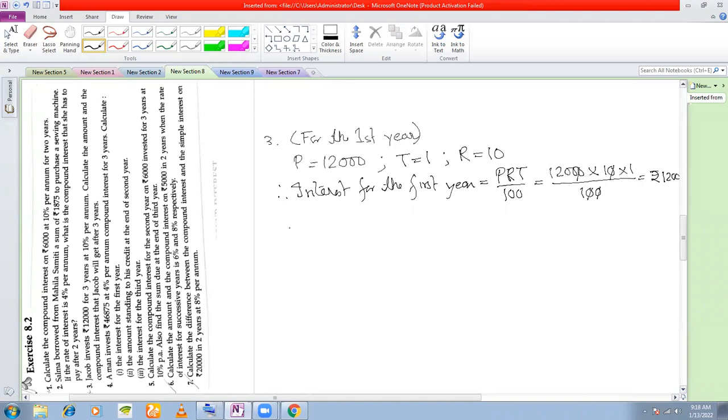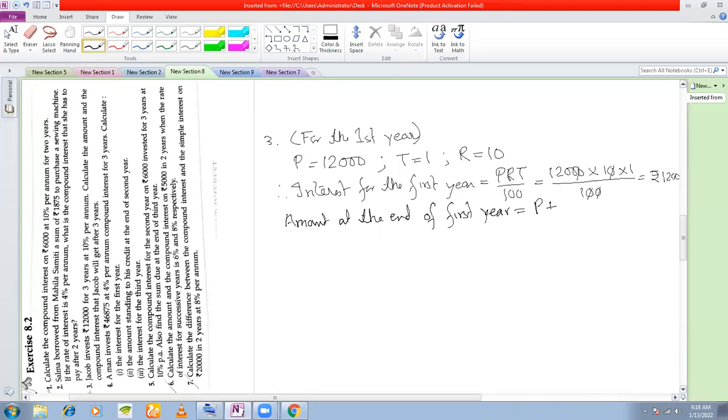Therefore, if you're getting interest for the first, how about the second year? Okay, let's write the amount. Amount at the end of first year. What should be the amount at the end of first year?